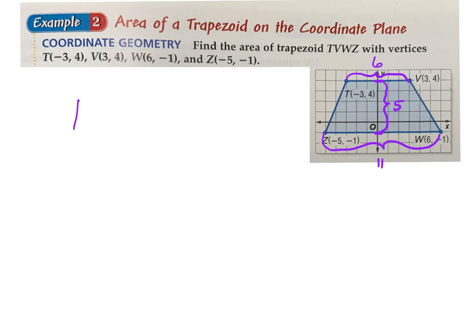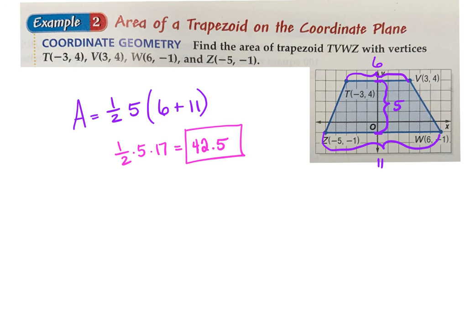And so my formula for the area is going to be 1/2 my height, base 1 plus base 2. So we have 1/2, 5 times 17, right? And there's going to be a decimal there when we do that. So area is going to be 42.5.